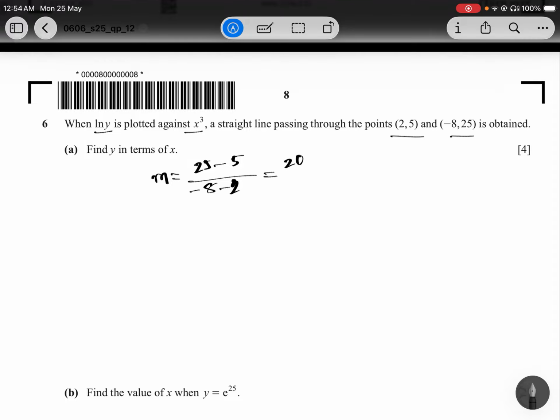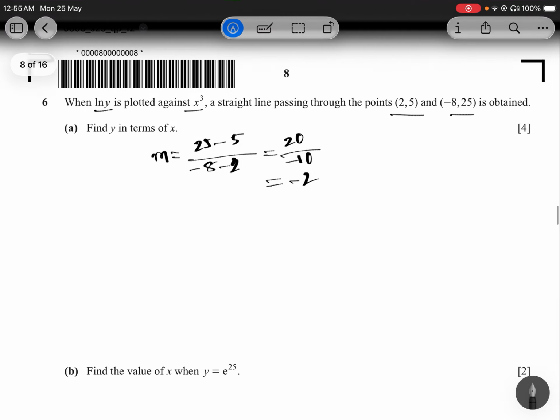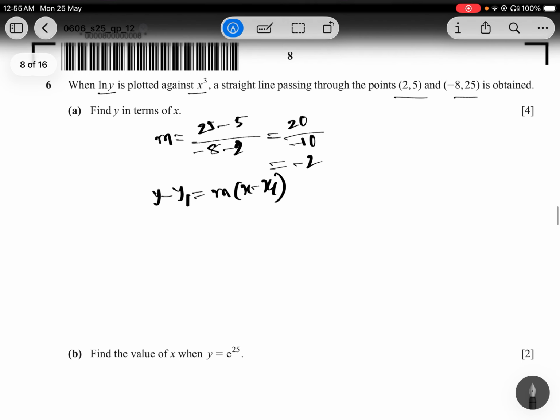Then it should be 20 over minus 10. Am I doing the same thing? Okay, minus 2. The equation is y minus y1 equals m into x minus x1.